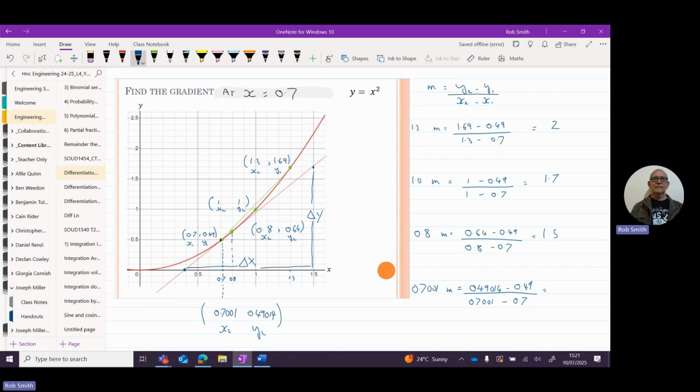So we have got 0.49014, take away 0.49, divided by 0.7001, take away 0.7.